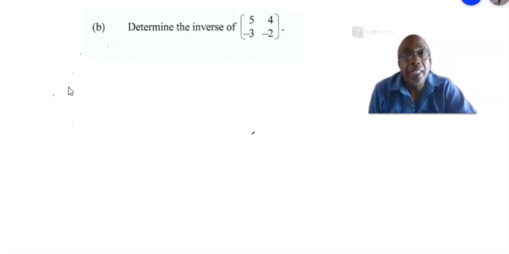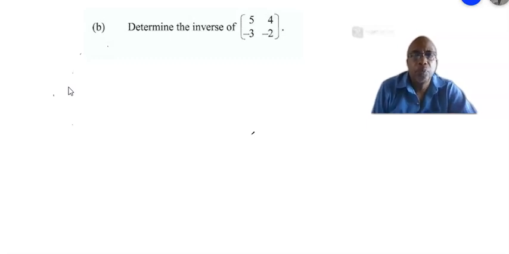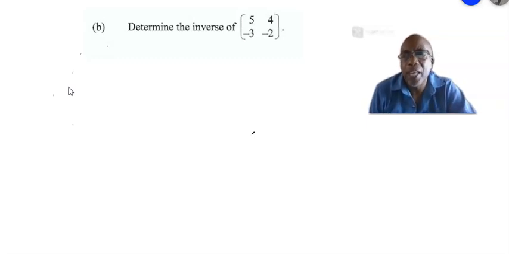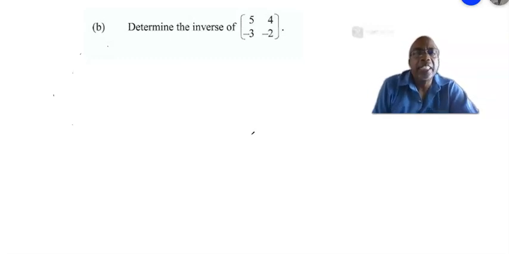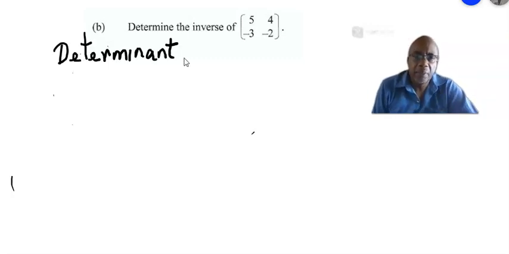In order to understand the method, we have to understand two terms related to 2 by 2 matrices. The first one is the determinant. Determinant is found this way.